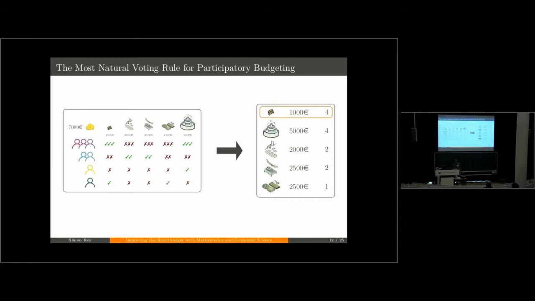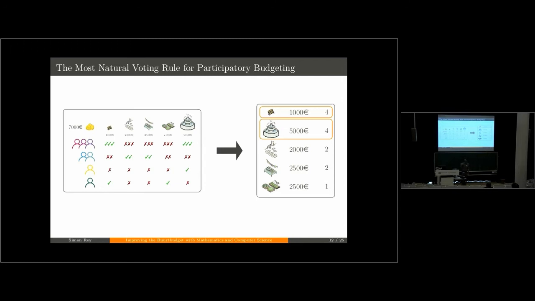Yes, so I select the bench. Then you look at the fountain. Can I take the fountain without violating the budget constraints? Yes, because bench plus fountain is €6,000, I have €7,000, I'm fine. And then, of course, you go for the sport equipment, and that you can't afford. Neither can you afford the next one nor the plants. And so that's your outcome.